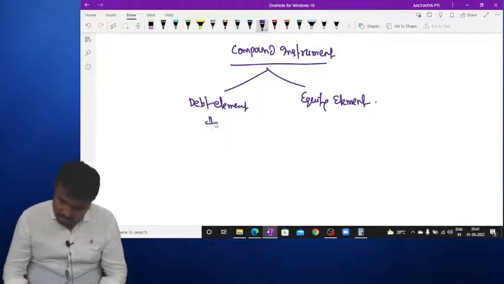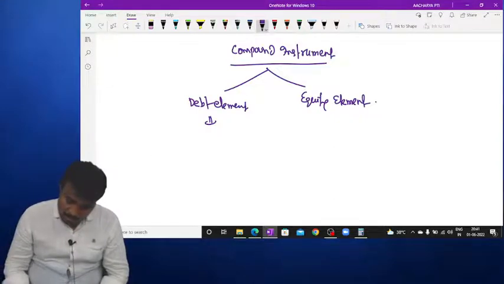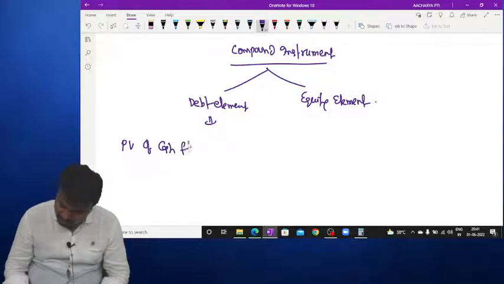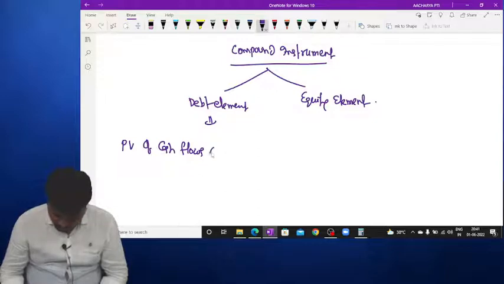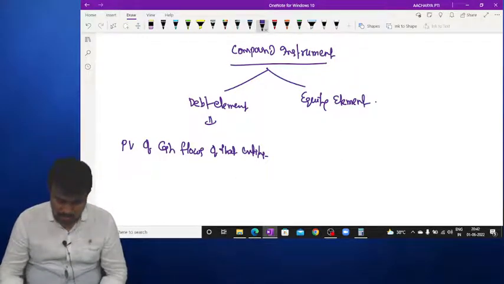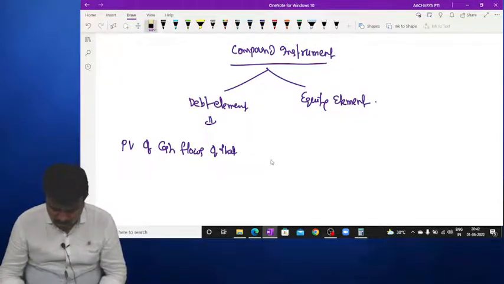Coming to the first one, we just need to calculate the present value of cash flows of that instrument.